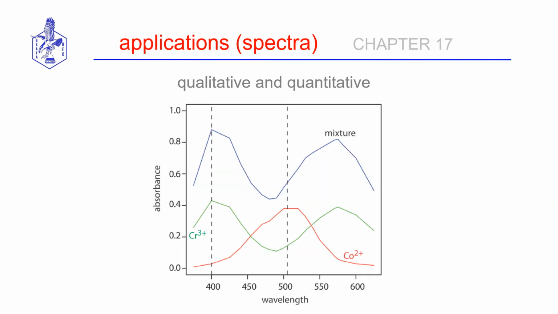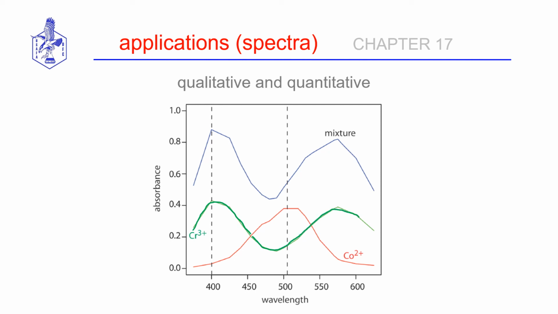The last thing we want to do is give consideration to the application of UV visible absorption spectroscopy. We can derive both qualitative and quantitative information about the species present in samples. For example, you are looking at the absorption spectra that result from, first of all, right here, a pure solution of chromium-3.